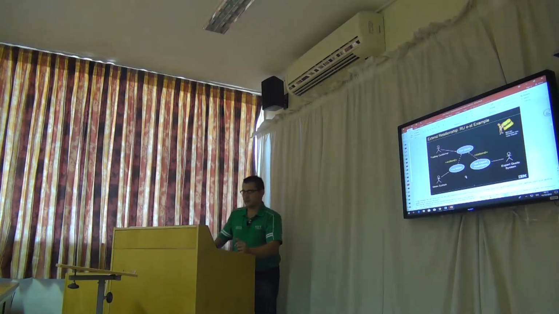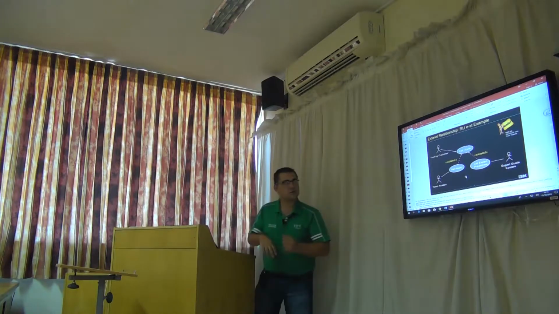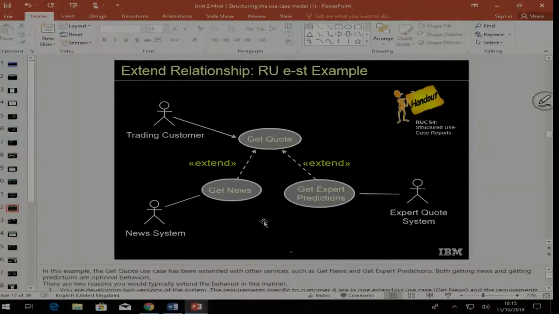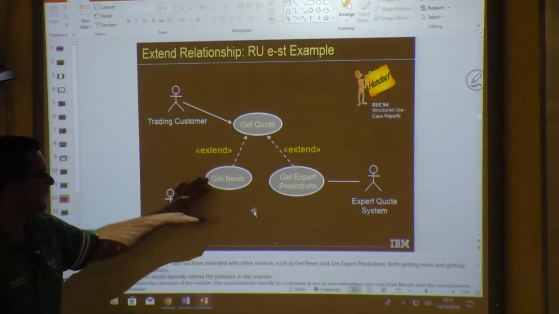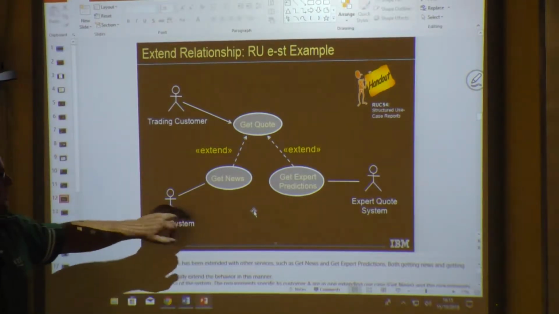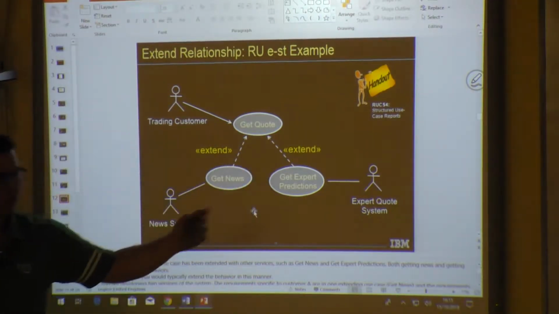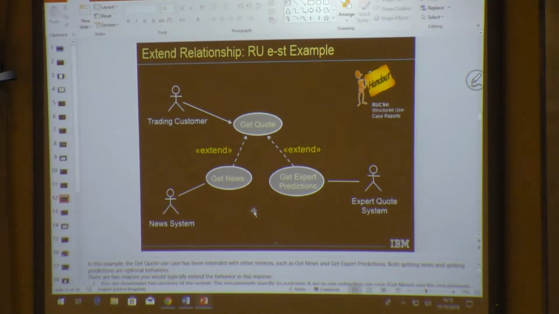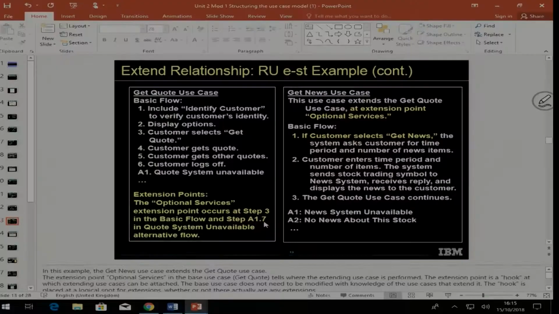Okay, so in this case, we are seeing 2 examples where we have get quote, get news, and get expert prediction, and they are extend use cases. So if some option is true in get quote, it is going to call on get news and get expert prediction.